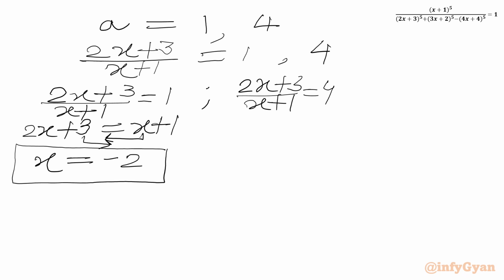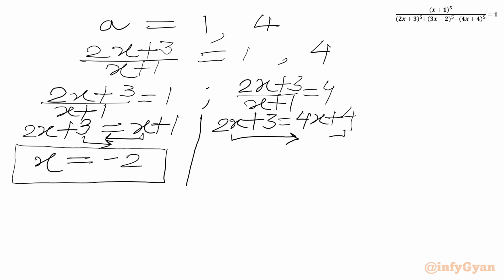Now we are going to take up the second equation. Let's cross multiply. So we will write 2x plus 3 equal to 4x plus 4. This time I will take 2x to the RHS and 4 to the LHS. So we will get 4x minus 2x in the RHS, value will be 2x, and 3 minus 4 in the LHS, value will be negative 1.